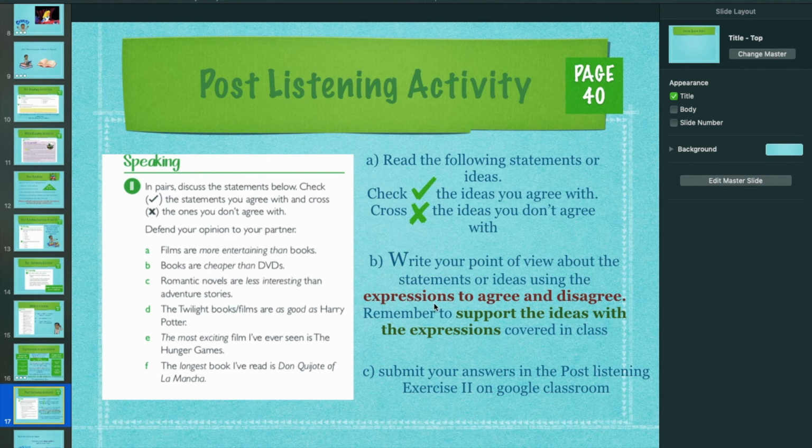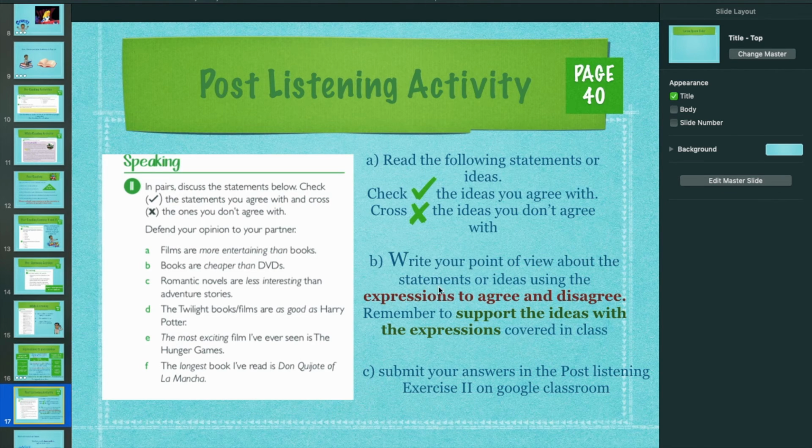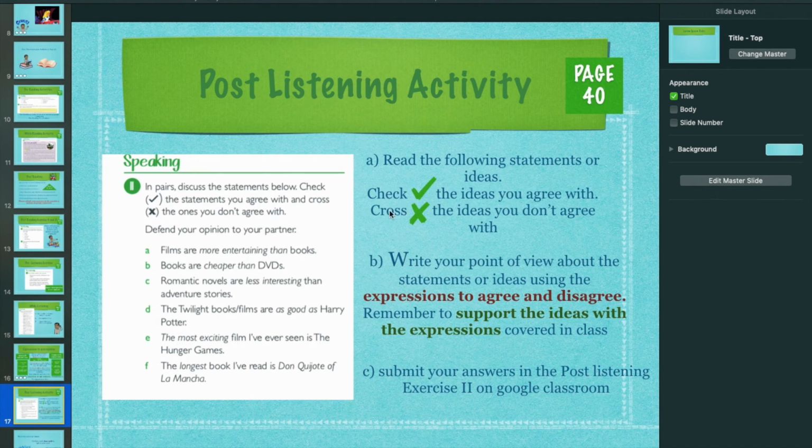And I need you to agree and disagree using these expressions that we have here. And you need to support your idea using these ones that we have here. Okay? So that's it for the final exercise. Debemos dar nuestra opinión, decir si estamos de acuerdo o en desacuerdo y luego argumentar usando estas expresiones por qué yo estoy en acuerdo o en desacuerdo.